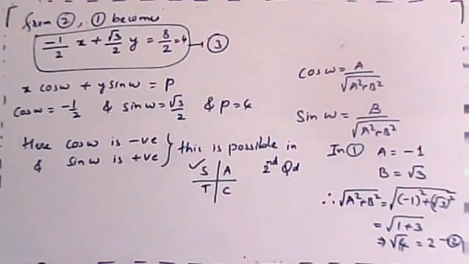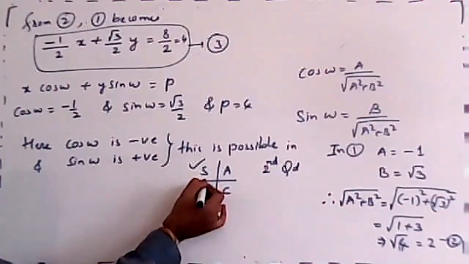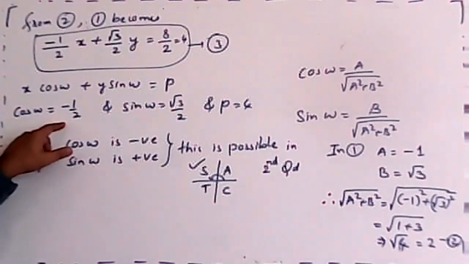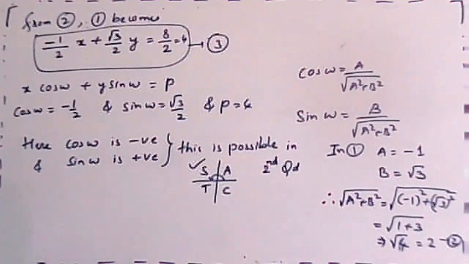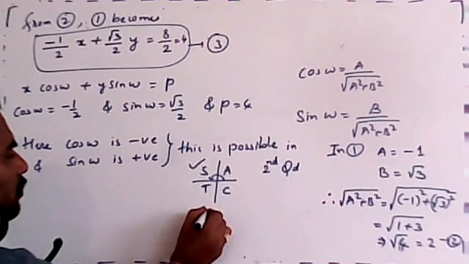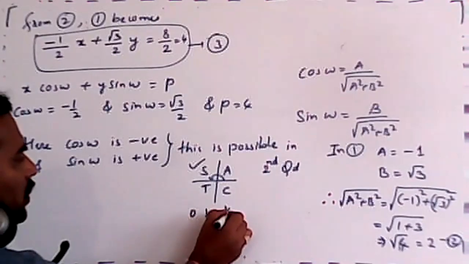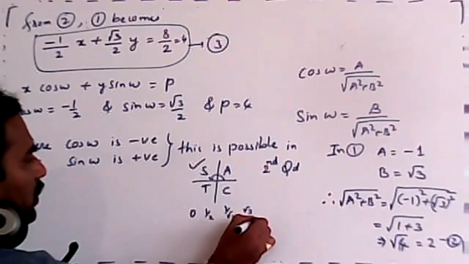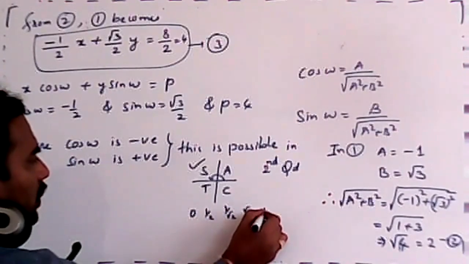Then from here it is 180, right? From here to here it is 180. And I know that cos omega is 1 by 2. Then use the standard angle table. Remembering now? Sin 0 is 0, sin 30 is 1 by 2, sin 45 is 1 by root 2, sin 60 is root 3 by 2, sin 90 is 1.